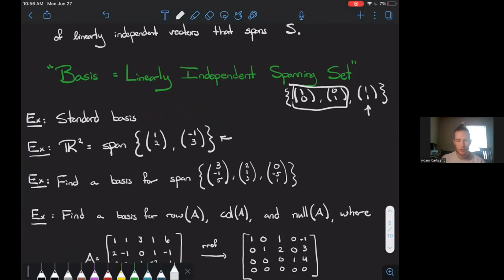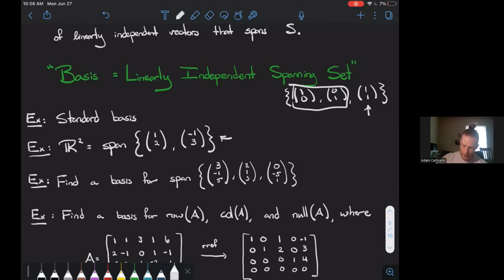Okay. So we're going to look at this example next. We want to find a basis for this span. It's not obvious, but this vector is a linear combination of the first two.